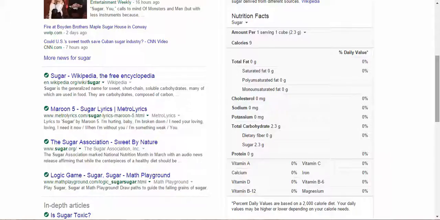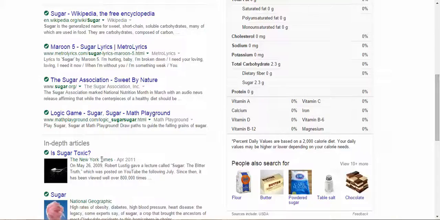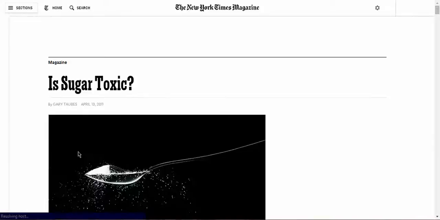Now, there are many diseases associated with sugar, such as heart disease, when your arteries are clogged, hypertension, high blood pressure, diabetes. Your body cannot produce insulin, and insulin is what protects the body from too much sugar.